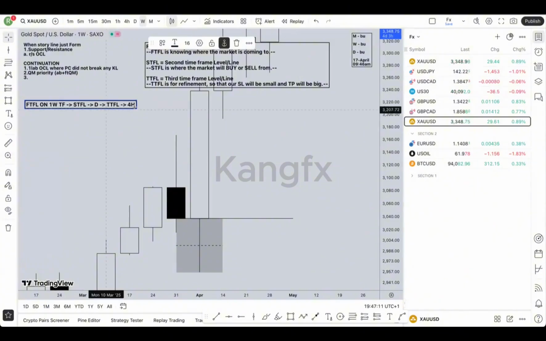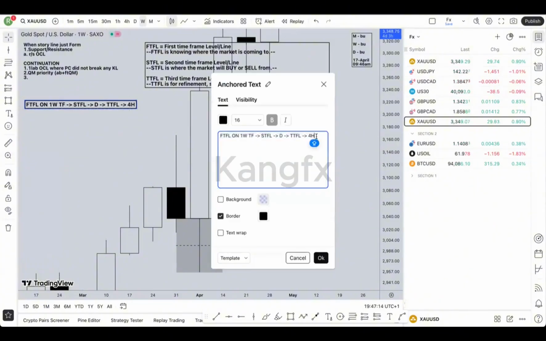Then if our FTFL is on daily, let's do that also because we're going to work on that. If it's on daily, our STFL is going to be on 4 hour. Our TTFL is going to be on 1 hour. Then if this is on monthly, our STFL is going to be on weekly.